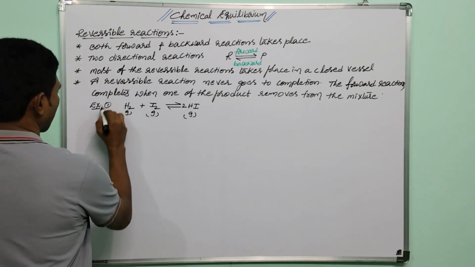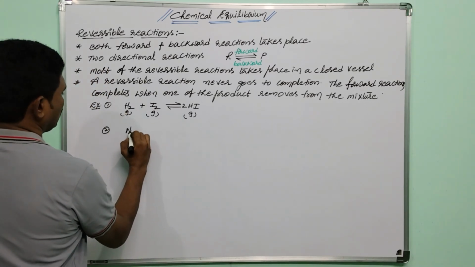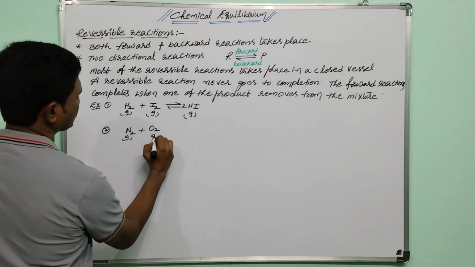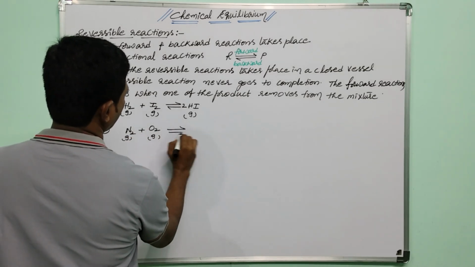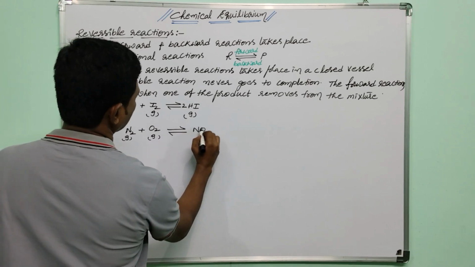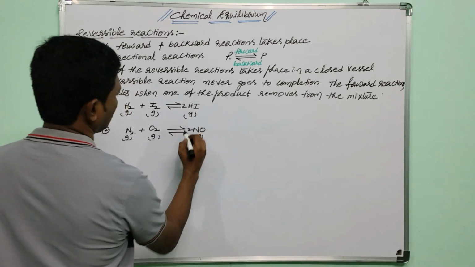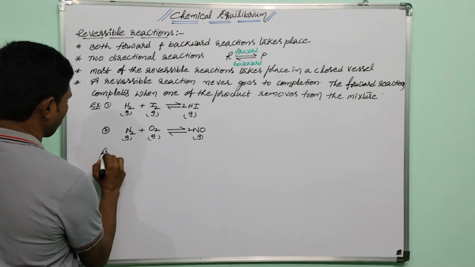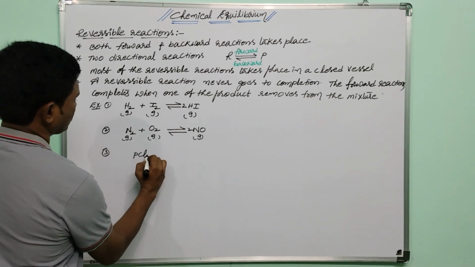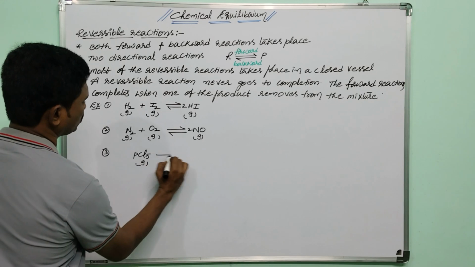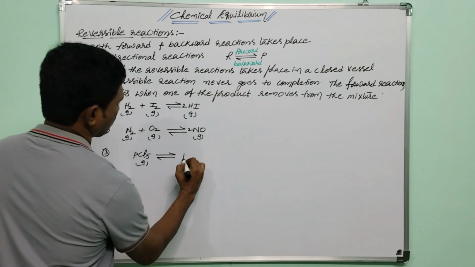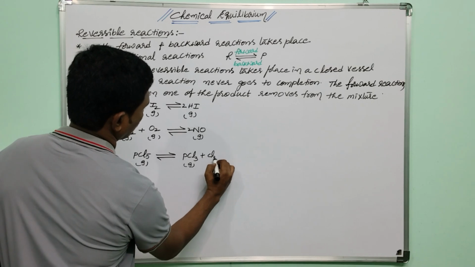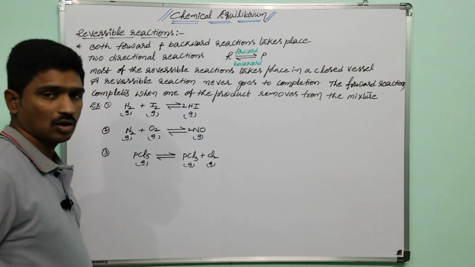Similarly, nitrogen gas combines with oxygen gas to give nitrogen monoxide gas, another reversible reaction. Similarly, phosphorus pentachloride decomposes to give phosphorus trichloride gas and chlorine gas.